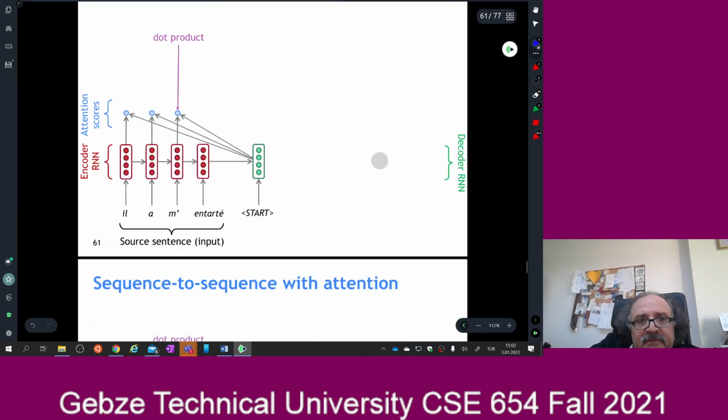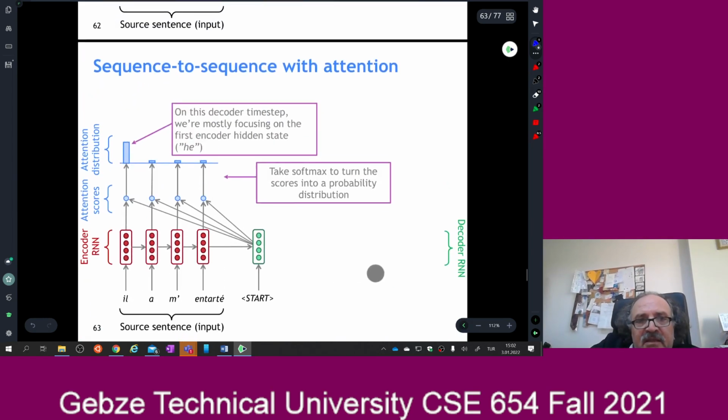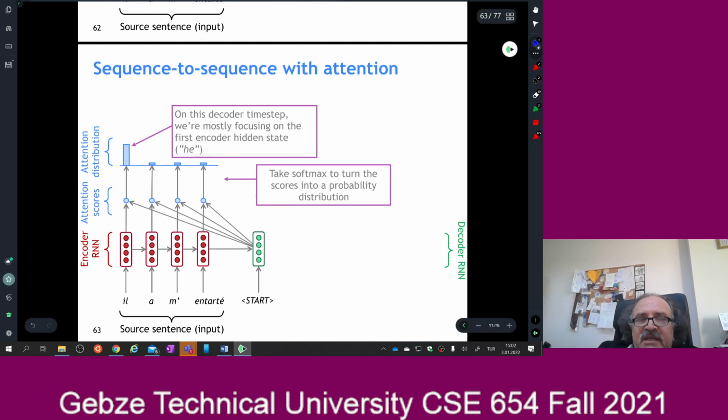One by one, and I get this distribution, the attention distribution. These are the attention scores, this is the attention distribution. And I can run a softmax on it to make the total attention score 1.0, but the distribution is like that. So while I am producing this, my attention is around there.